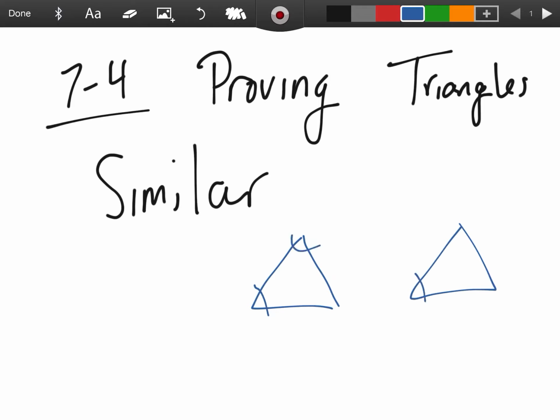I know that their corresponding angles are congruent, and then I know that their corresponding sides are in proportion. For example, this is 4, 6, and 8, and then this is 6, 9, and 12, maybe. So yes, we can still go back and use that original definition, but now we have a postulate that actually makes it even simpler for us.